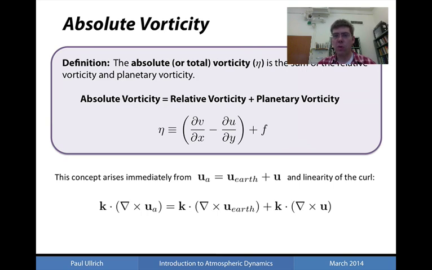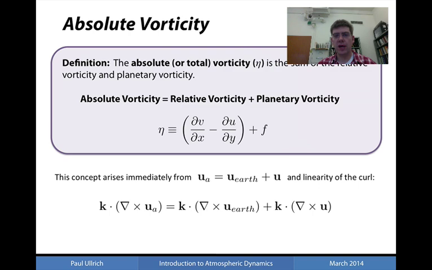And this is in fact the quantity that we need to worry about when taking into account conservation of angular momentum. So absolute vorticity then, being the sum of relative and planetary vorticity, will be defined as dv/dx minus du/dy, which is the relative vorticity, plus f, which is the Coriolis parameter or the planetary vorticity. So notice that vorticity in this context then is a magnitude.